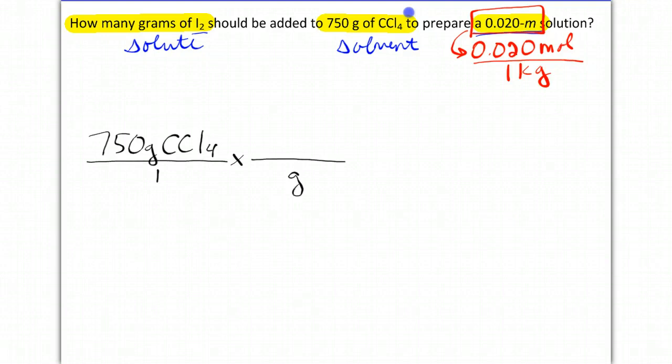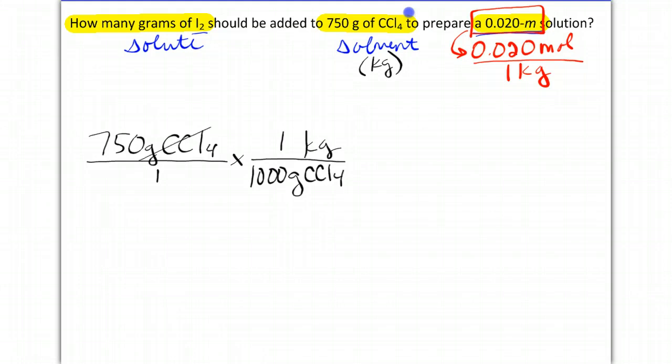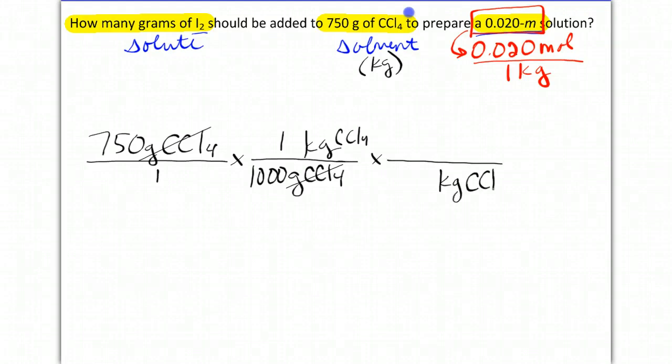I'm going to bring down grams of carbon tetrachloride, and because this is my solvent, I want it to be in kilograms. So I'm going from gram to kilogram. 1 kilogram equals 1,000 grams. My grams cancel. Now I'm at kilograms of carbon tetrachloride.